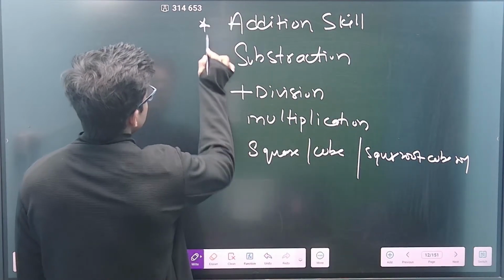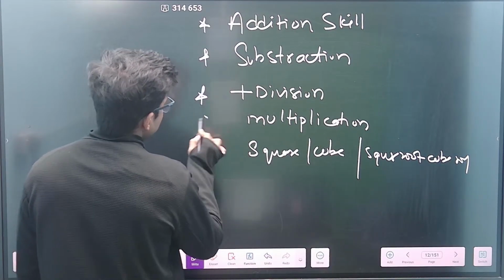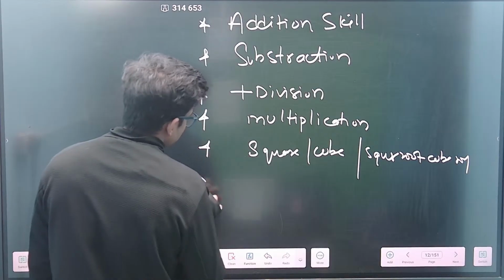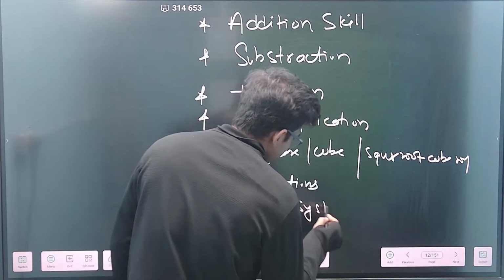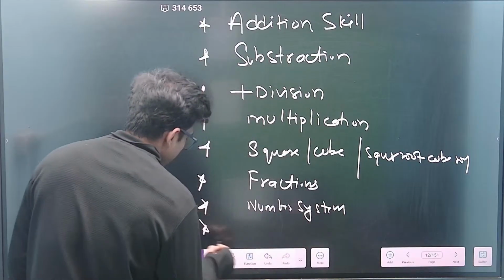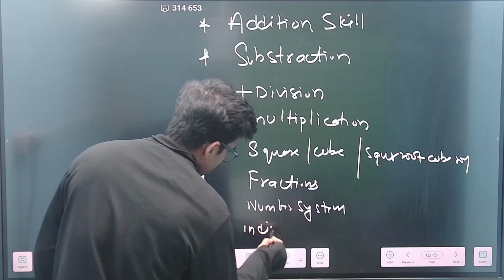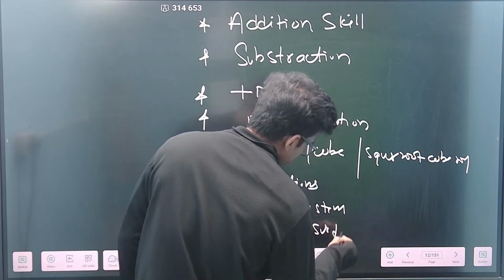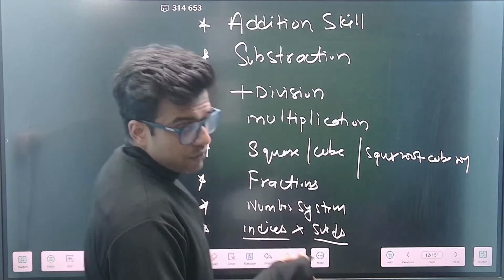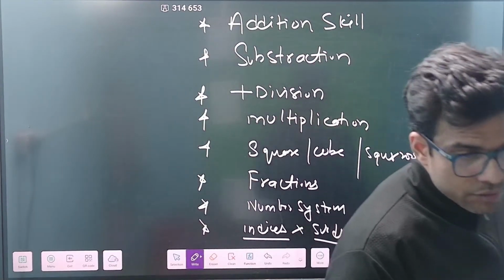This is 1, this is 2, this is 3, this is 4, this is 5. Then we have done fractions. I made you solve fractions also. Last we are doing indices and surds. So these are the things which we have done in the calculation skills process.